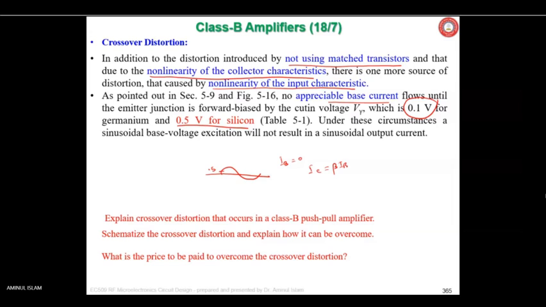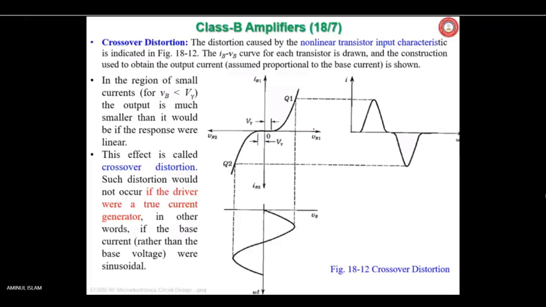Yes or no, Pratham? Yes, sir, beta IB. So until the input signal crosses the cut-in voltage, suppose you have biased such that the base voltage is 0 and you are applying an input signal at the base. Until it crosses this 0.5 volt cut-in voltage, no current IB is there, so no IC is there. That's the concept. So let us see what is further written about this.